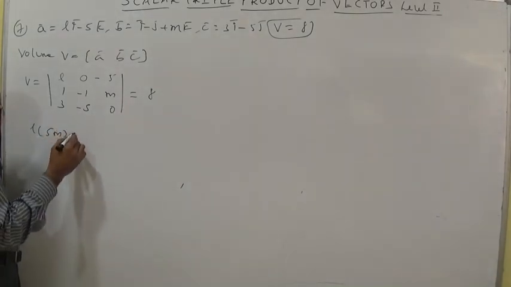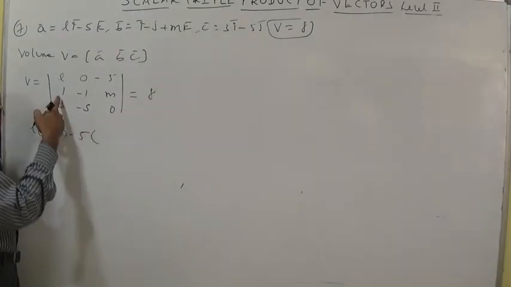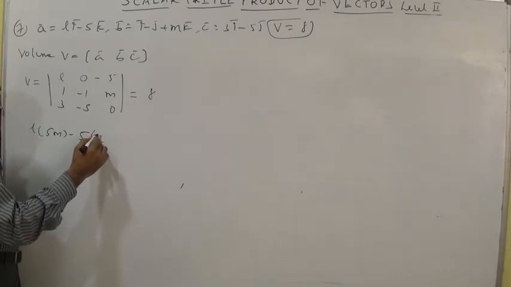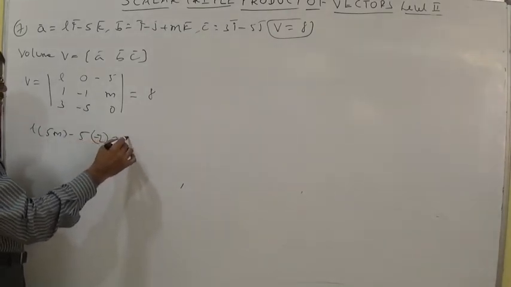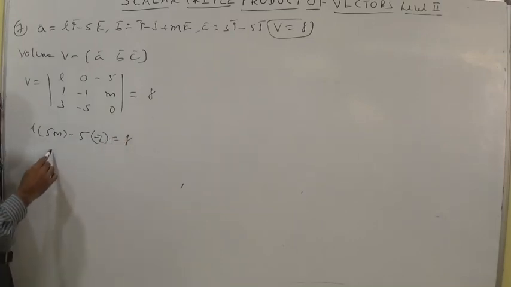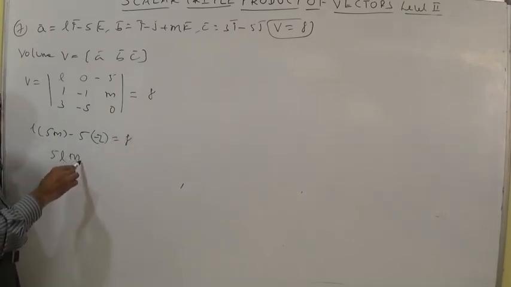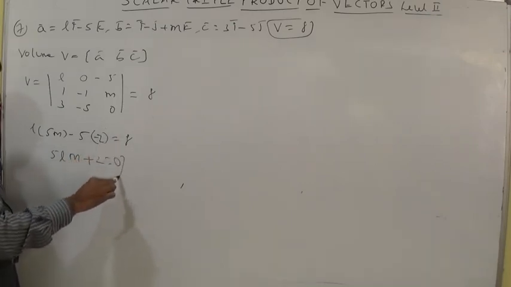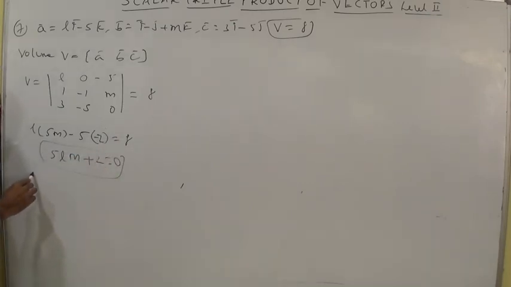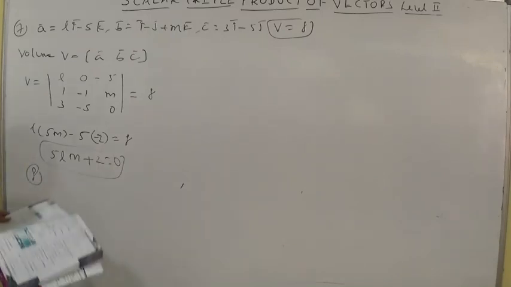Minus 0, no need to write. Minus 5 into minus 5 plus 3. Minus 5 plus 3 becomes minus 2, equal to 8. So here you can write 5lm plus 10 minus 8 plus 2 equal to 0. That's all. Seventh question completed. 5lm plus 2 equal to 0 is the result. Fourth option.